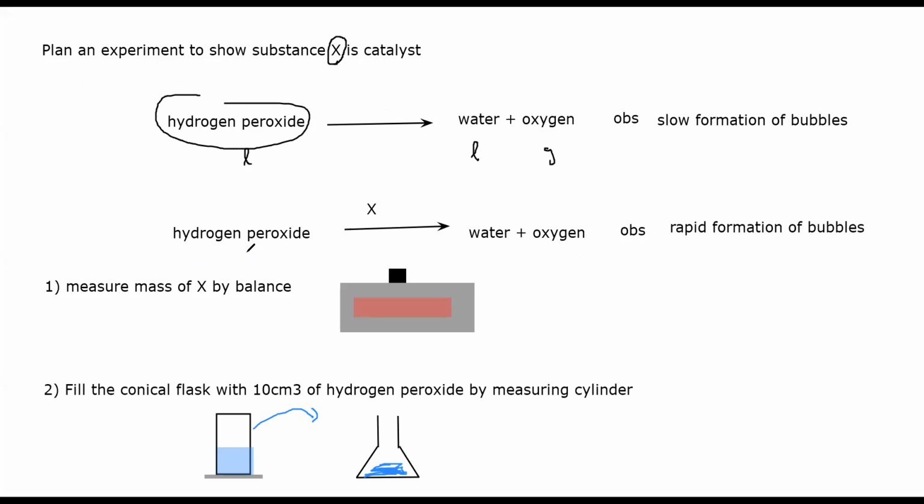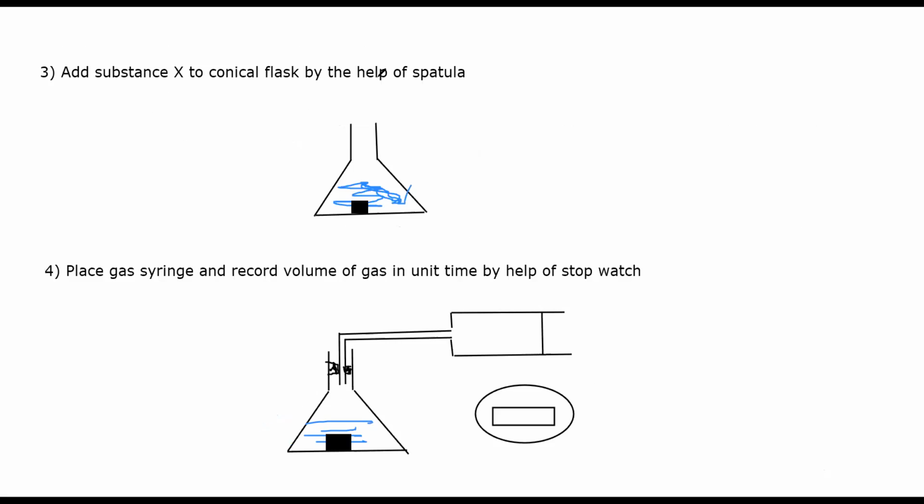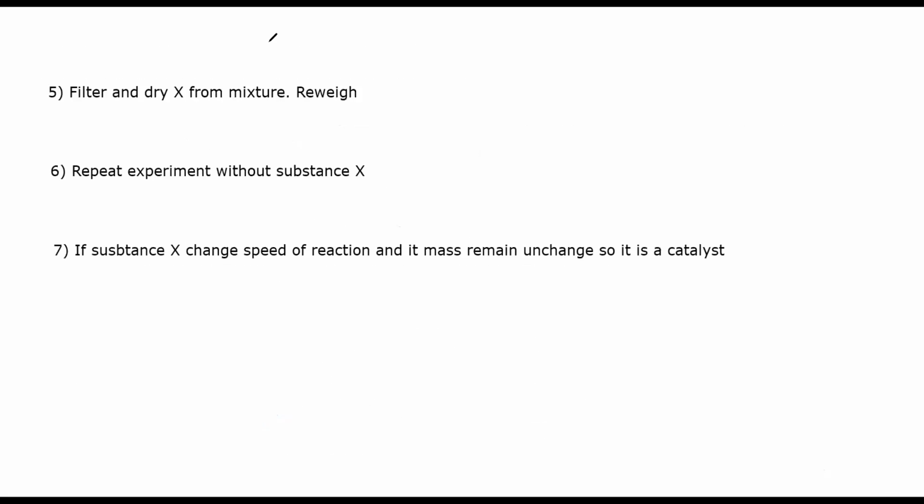So if we want to show a substance X is a catalyst, we measure the mass of substance X. Then we take 10 cm cube of hydrogen peroxide transferred into a flask. Then we add substance X, we place a gas syringe, record the volume of the gas with respect to time. Then we will filter and dry X from the mixture and then reweigh, or measure the mass again.